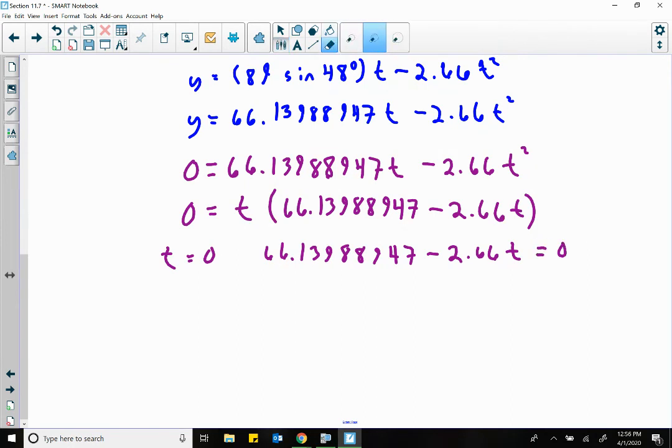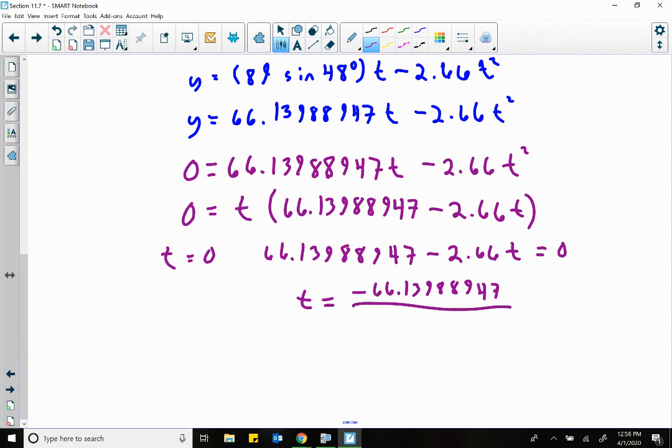So after some solving here, t is equal to negative 66.13988947 divided by negative 2.66.